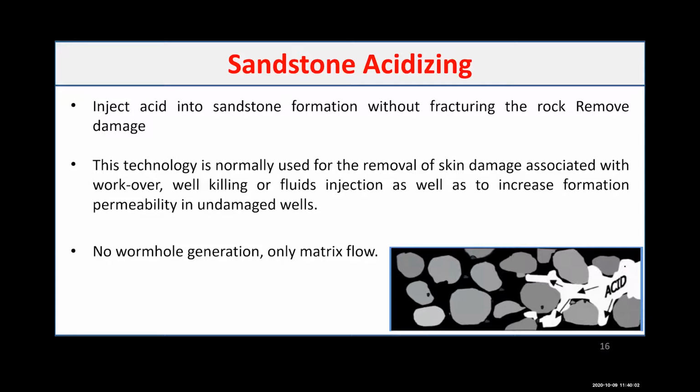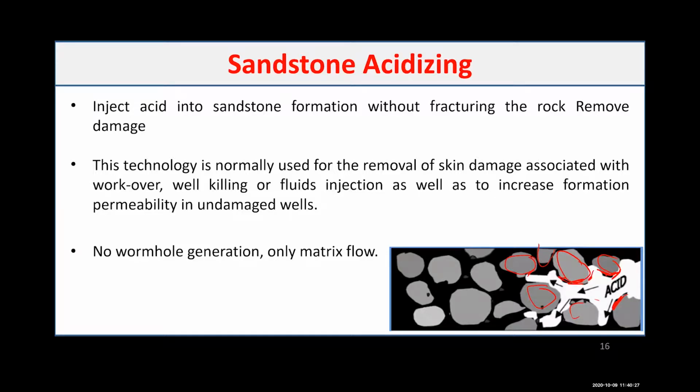You can see here I have a simple cartoon that shows the acid as it moves, and you will have your pore structure or formation pores. What's happening? The acid will react at the face of the pore and dissolve this part.